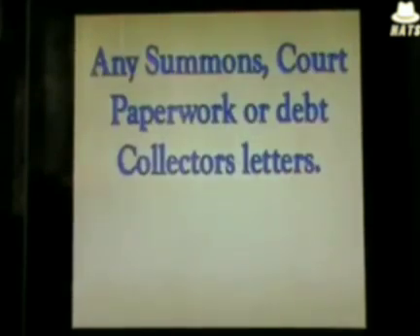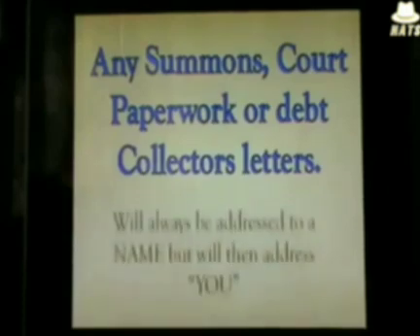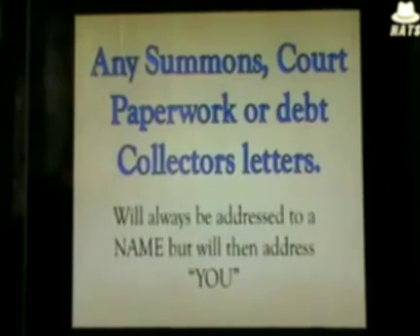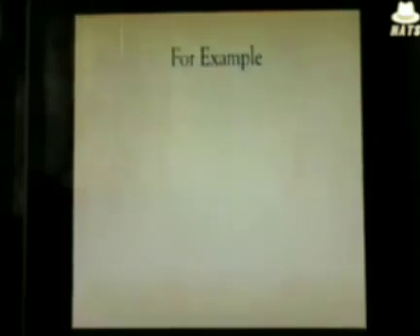Any summons, court paperwork or debt collector's letters will always be addressed to a name, but then from then on the only part of the letter or the paperwork from the courts that will be in the name is the address line; everything else will be referring to you.